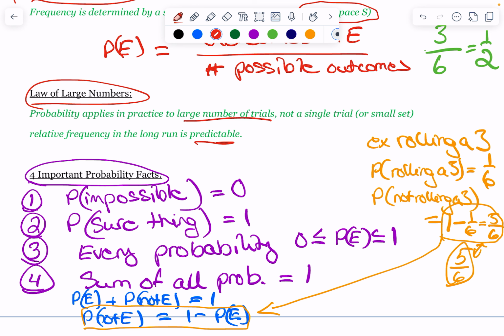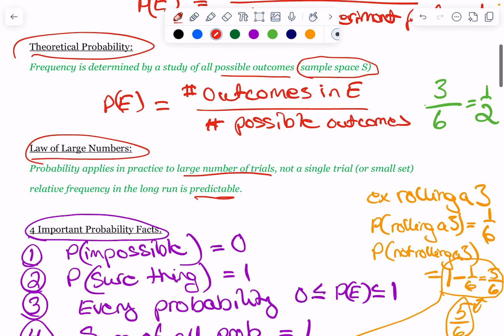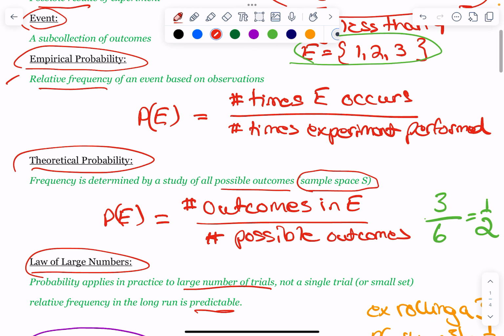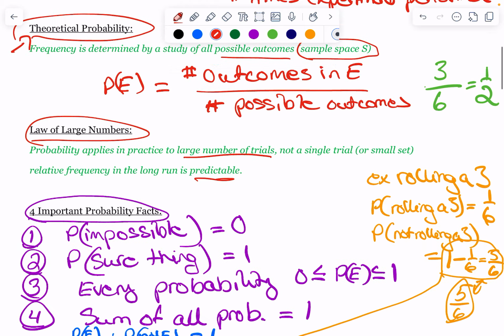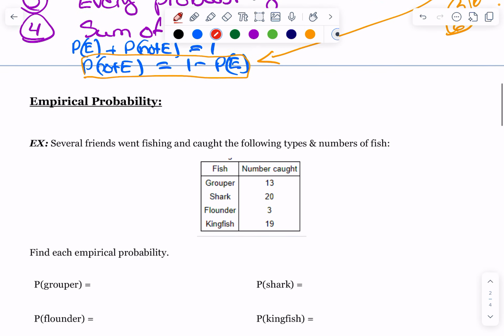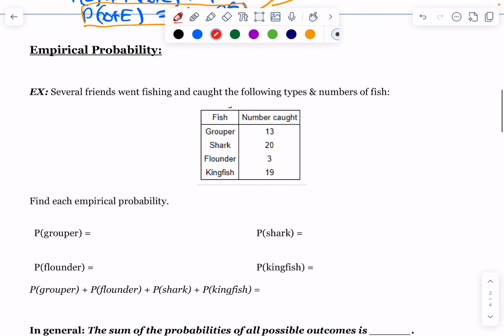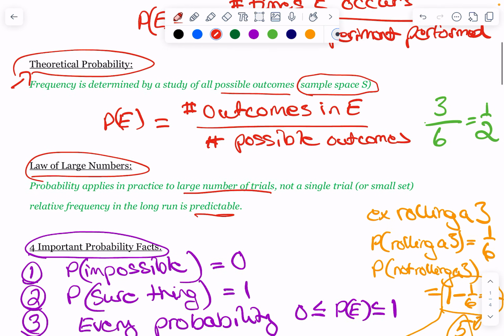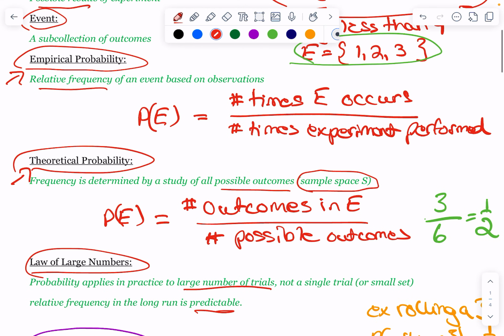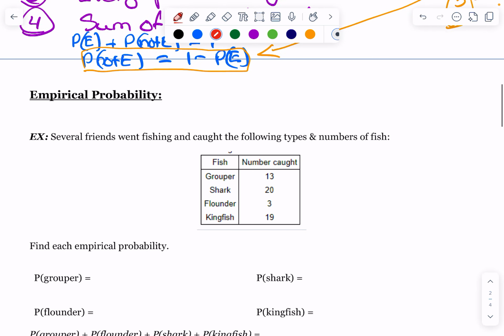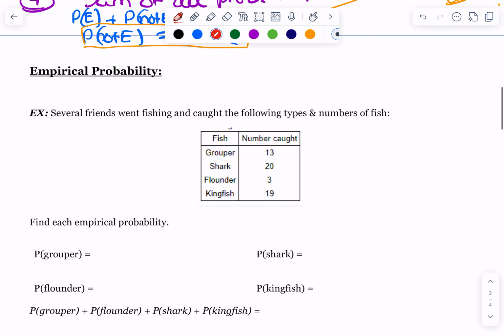Okay, next we're going to look at the empirical probability versus the theoretical probability, what the actual difference between those two is. Empirical sometimes is called experimental probability.